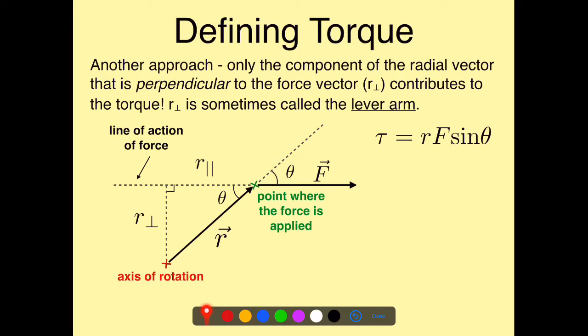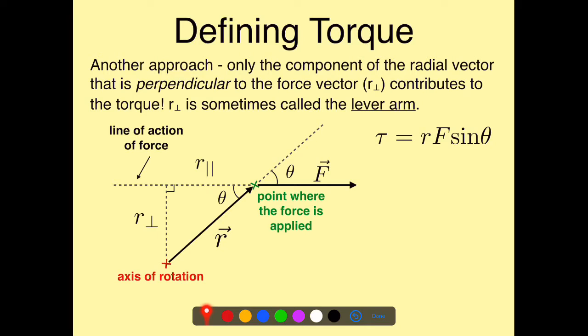So again, the r vector takes you from the axis of rotation to the point where the force is being applied, and the F vector is just your force, and there's some angle theta between them, which I'll show here. What we can do with the r vector is we can break it up into components. So in other words, there's a component that goes parallel to the force, and then there's another component that goes perpendicular to the force.